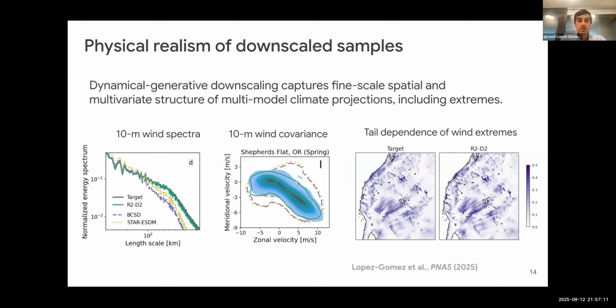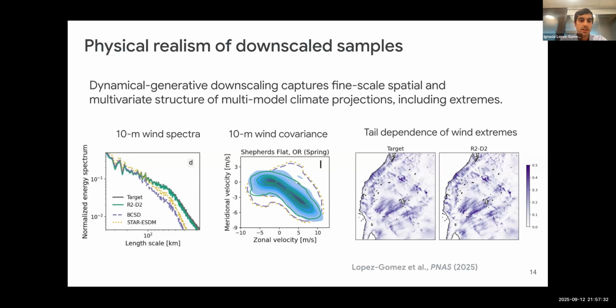So the results that we obtain from using this methodology show us that the downscaled samples from our methodology are very realistic. And so some of the properties that we observe is that, for instance, dynamical generative downscaling captures very well the fine scale spatial structures of the flow.